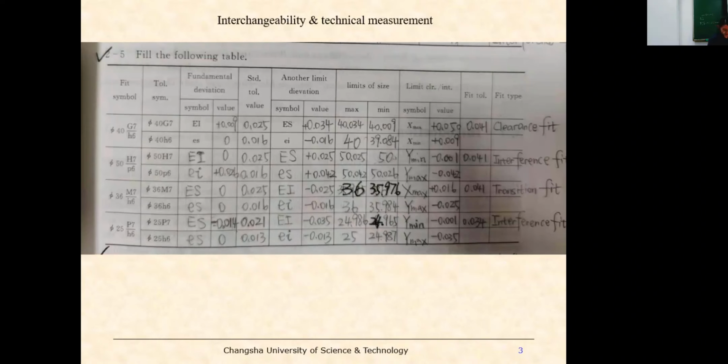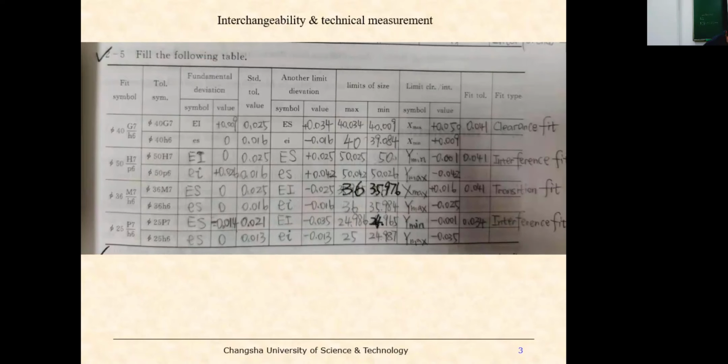Find the table. Yes, Laoshi, I'm listening. So how do you find the table 2.4? You can find the IT7 for the 14. The diameter is 40. So the IT7 is 25, right?